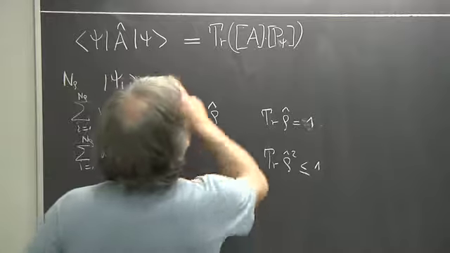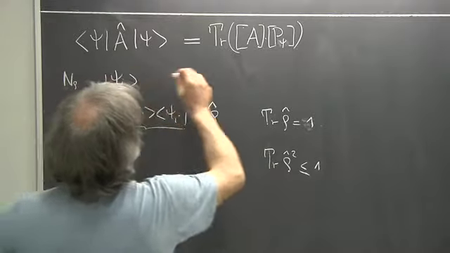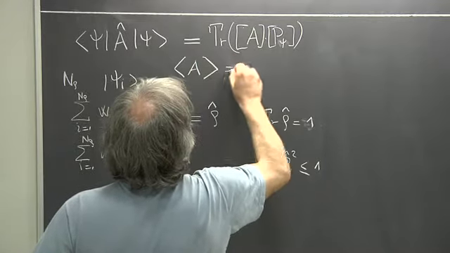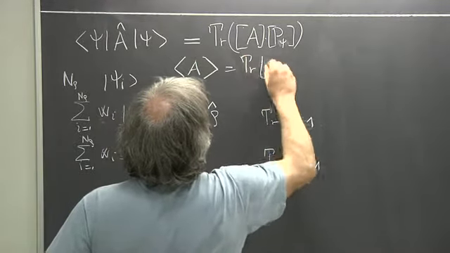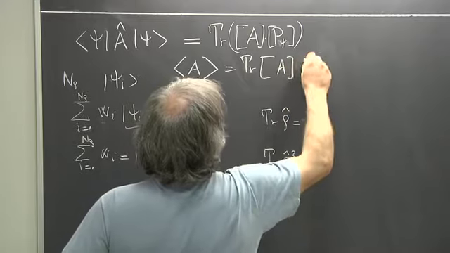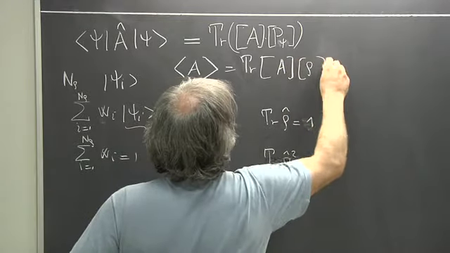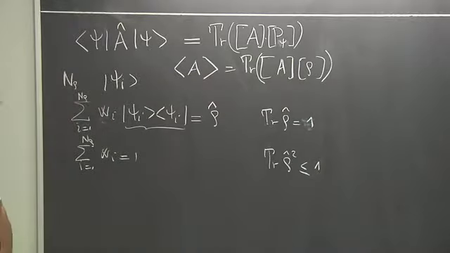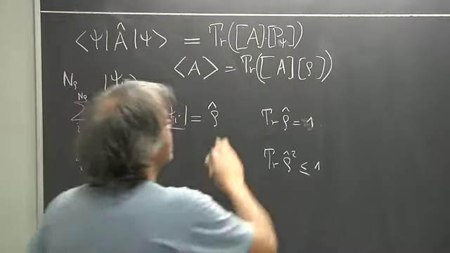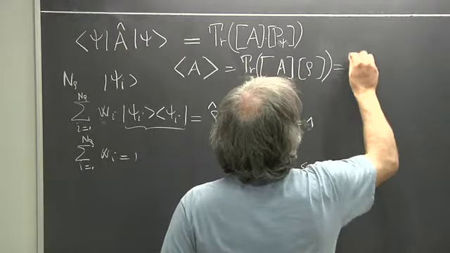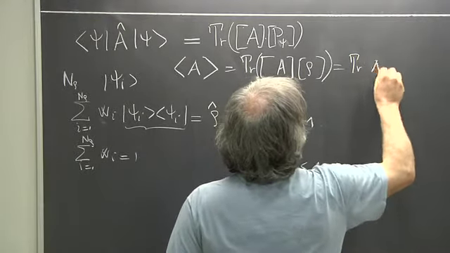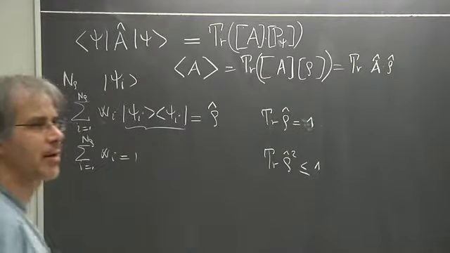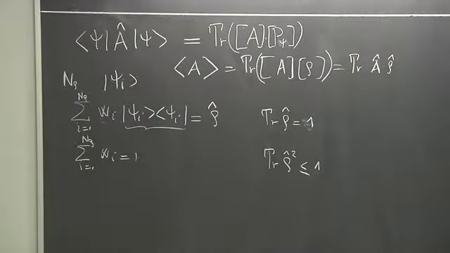With this, you can more generally express averages of A as the trace of the matrix representing A times the matrix representing rho. Or even in more general terms, the trace of the operator A times the operator rho. Okay? Without even any reference to any basis.